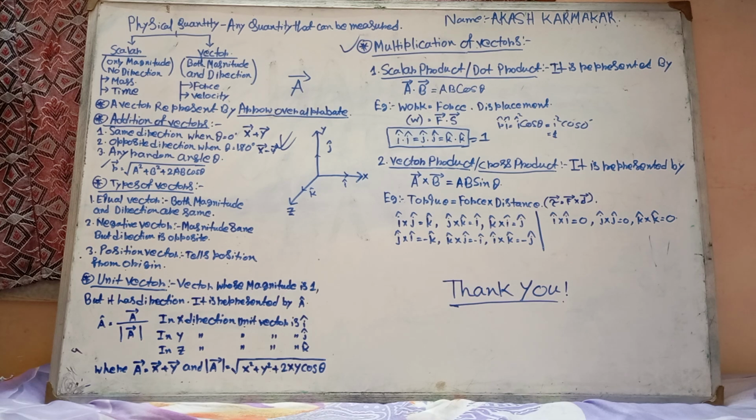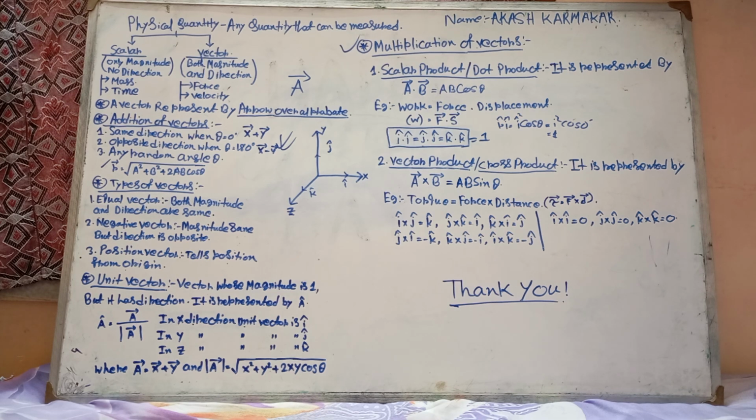A scalar quantity has only magnitude but no direction, for example mass, time, and work. A vector quantity has both magnitude and direction, for example force, velocity, acceleration, etc.